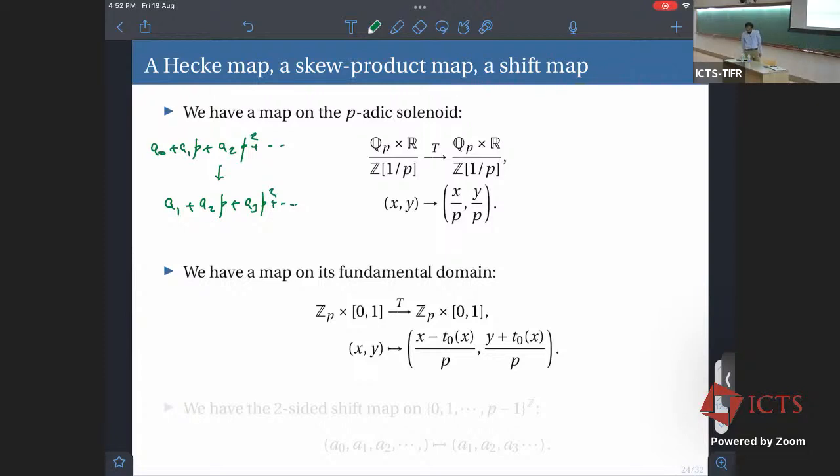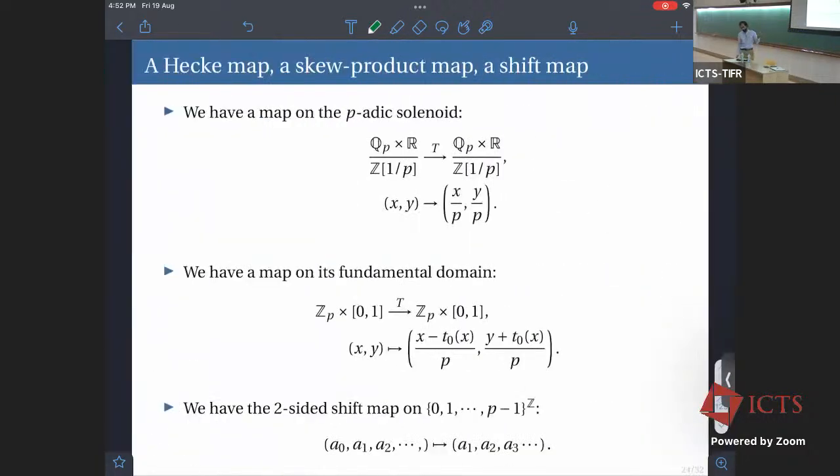Okay, so we have this 1/p map on the p-adic solenoid, and the skew product map on this Z_p cross [0,1). This is skew because the map on the second part depends on the first part. And we have the two-sided shift map on the Bernoulli shift space. I produce all these maps between all these objects, and this dynamical system is compatible with respect to all these maps.